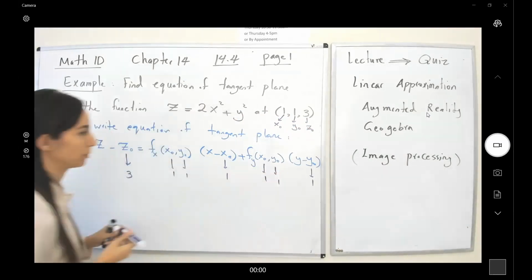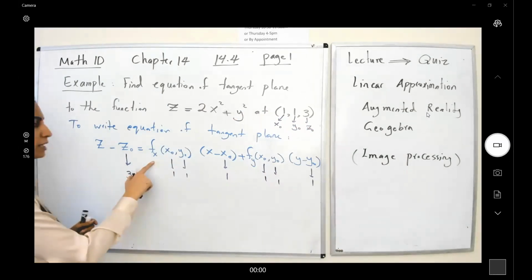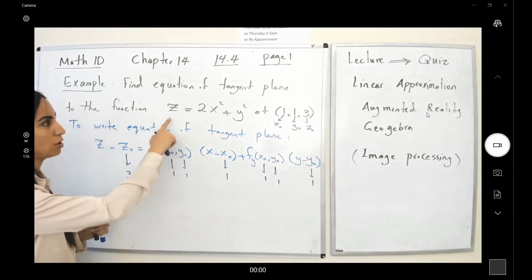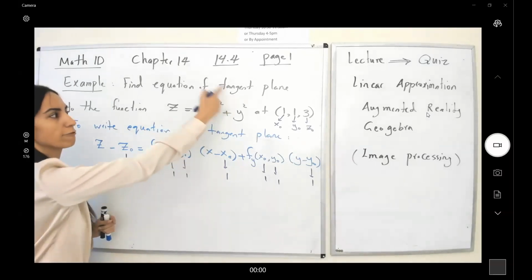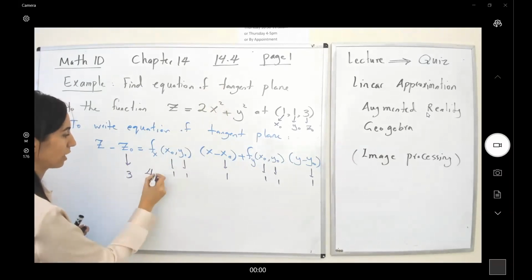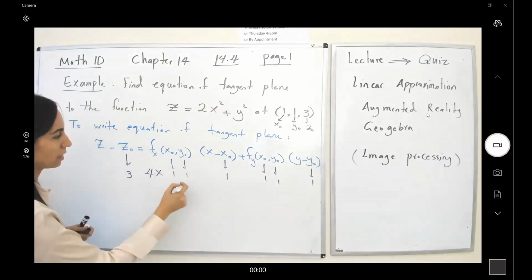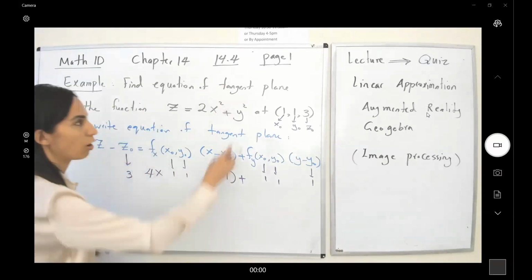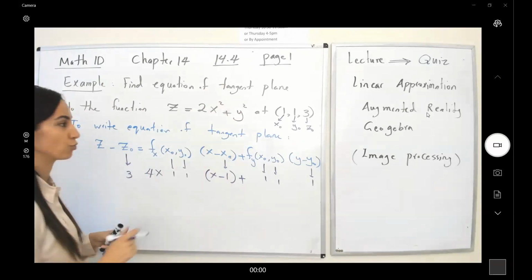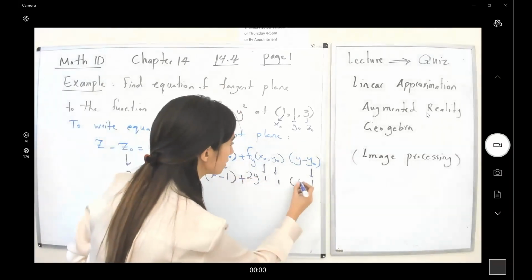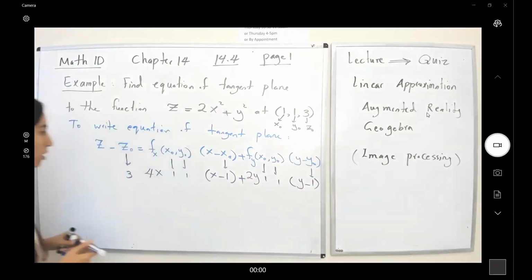Okay, we need the partial derivative of f with respect to x. So f sub x is 4x. For now, let me just write down 4x. And then here you have x minus 1 plus the partial derivative of f with respect to y, 2y at this point, and y minus 1.